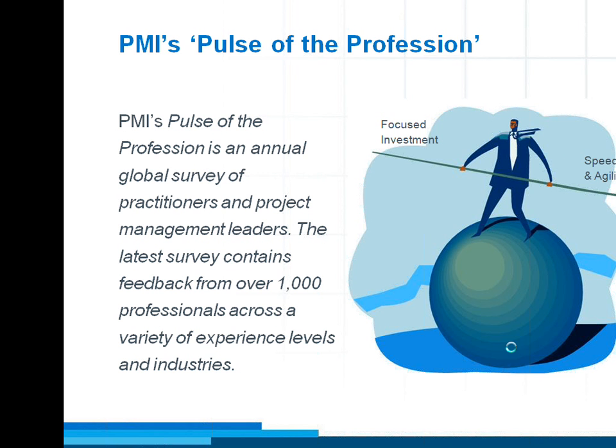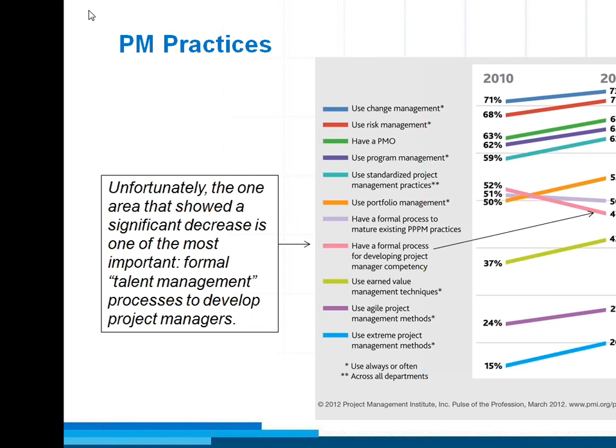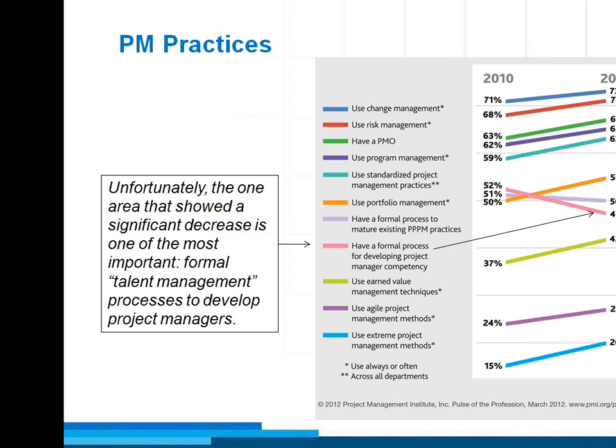Let me take you through the next slide, which talks about where we are in this survey in terms of project management practices. If you compare 2010 and 2011, say, change management, 71% of the organizations were practicing change management.